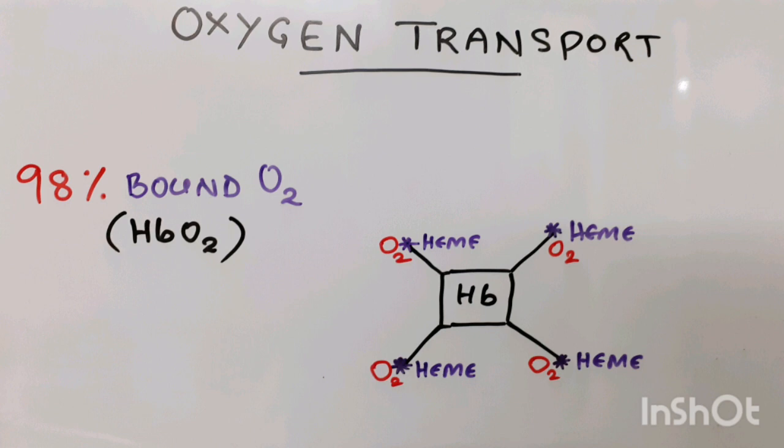As each of the 4 heme units binds an oxygen molecule, it causes a change in the shape of the hemoglobin molecule, which in turn causes the other heme units to be more exposed. Now, as a result of this conformational change, there are two possibilities.